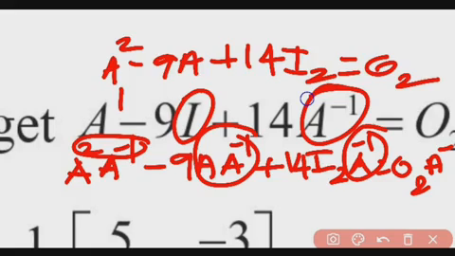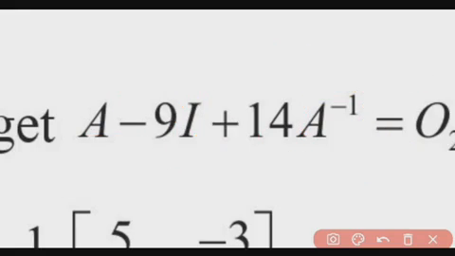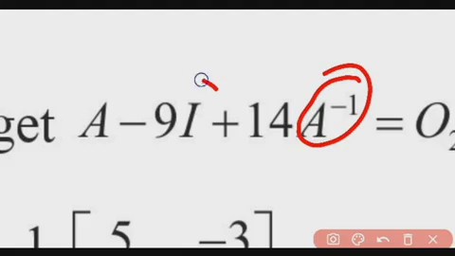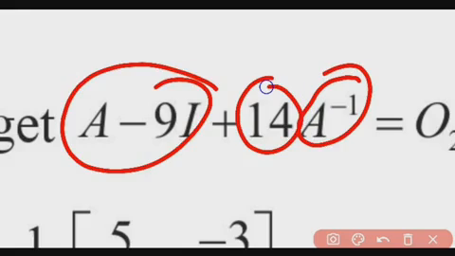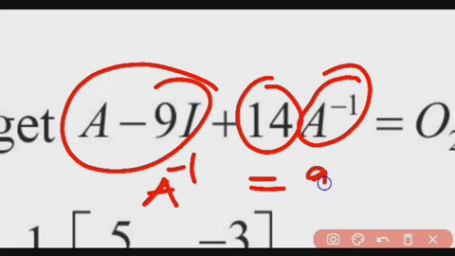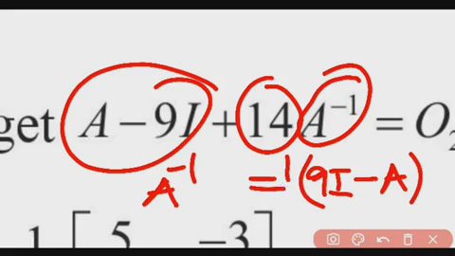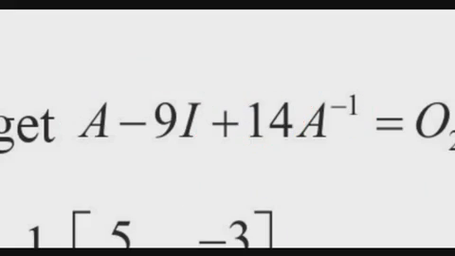Next, 0 matrix into anything is the 0 matrix. So from these we want to find A inverse. Keep A inverse on this side, transform the other things to that side. So minus 9A becomes plus 9I, plus A becomes minus A, and the multiplication by 14 becomes divide. So A inverse equal to 1 by 14 into 9I minus A.